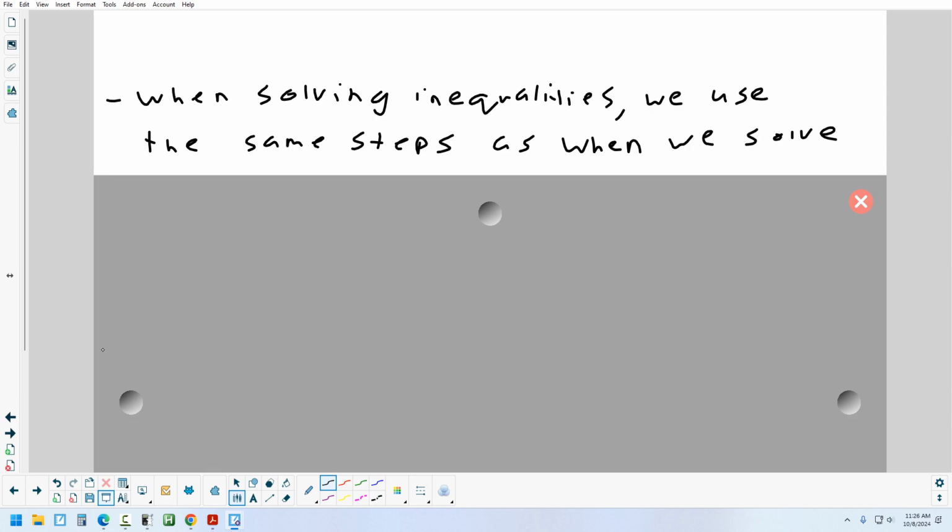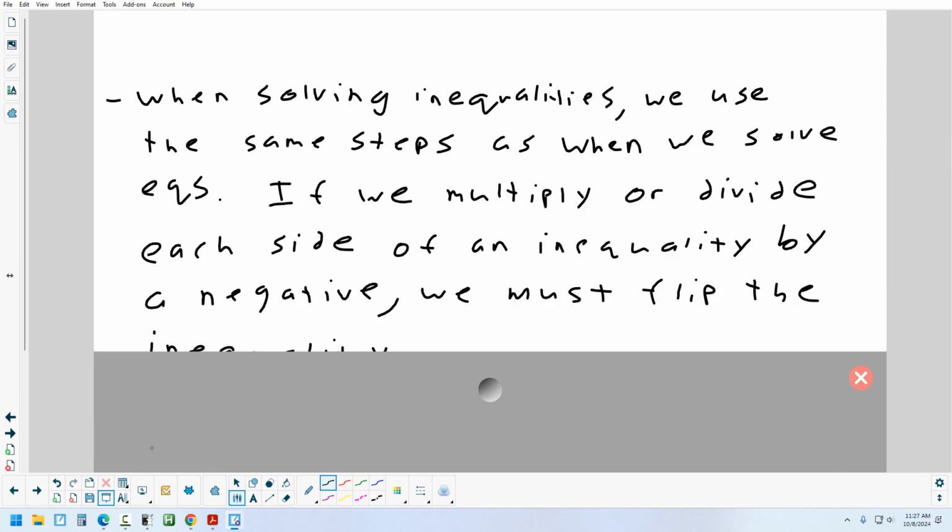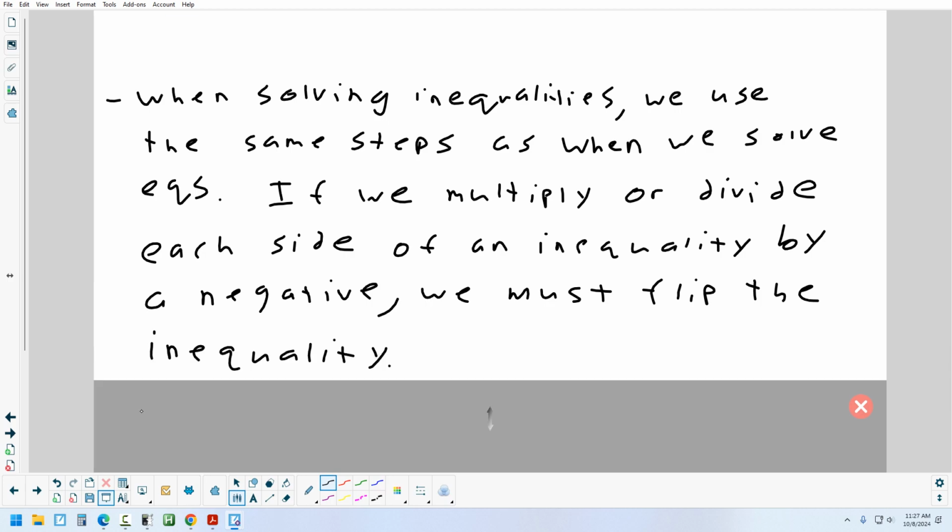If you divide by a negative, you have to flip the sign. Or what else? It's either divide or multiply, either one. So if you multiply or divide by a negative, you need to flip the inequality symbol.